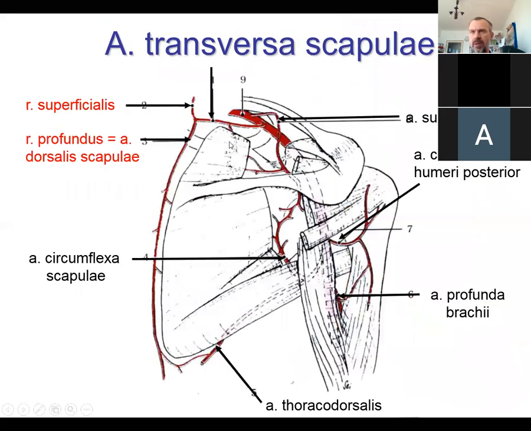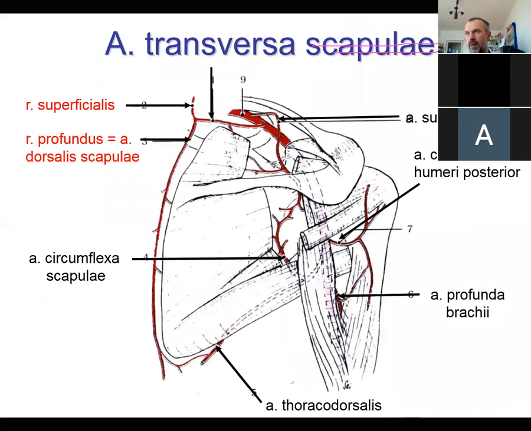So I'll come to this, and again we can see the suprascapular artery here, running across the superior transverse scapular ligament, and here through the spinoglenoid notch. And then, oh, I'm sorry, here's a mistake.